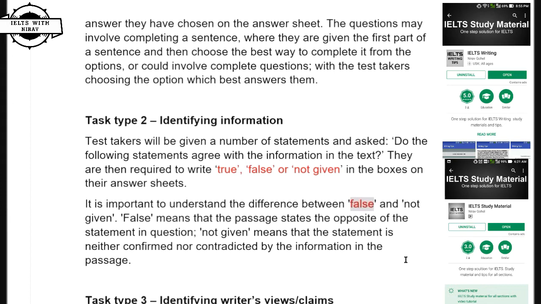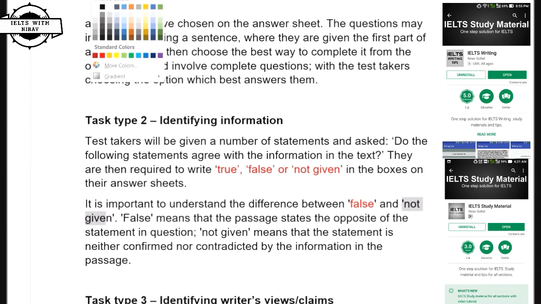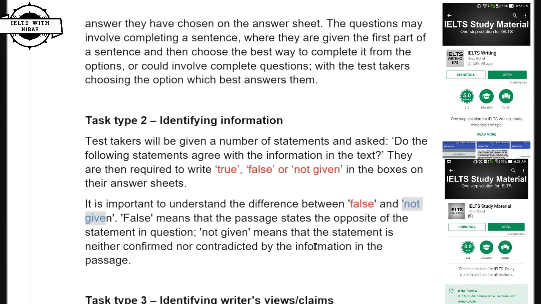But if you don't find any information in the paragraph, in that case you must select not given. This way you have to decide whether your answer is false or not given. And if you find the exact information, your answer will be true. So this is what I call identifying information.